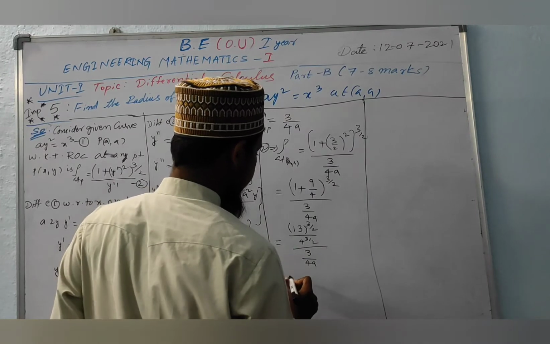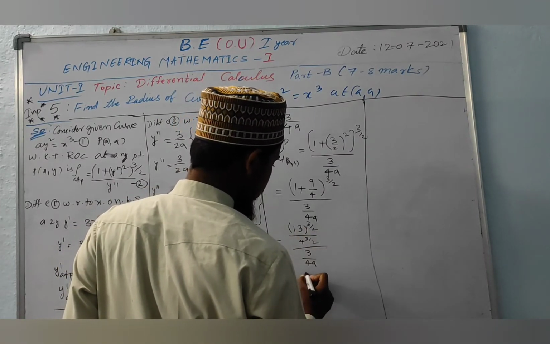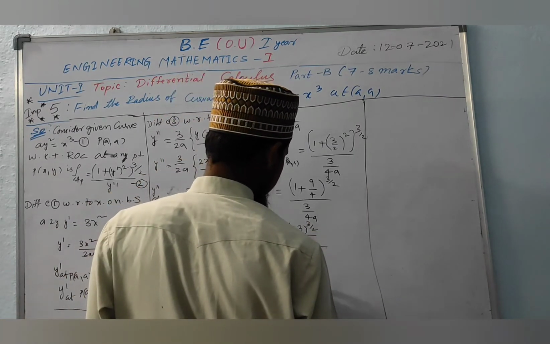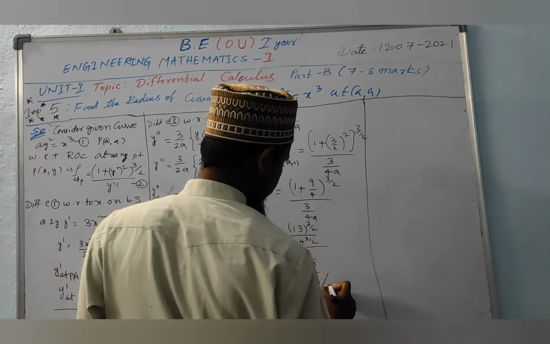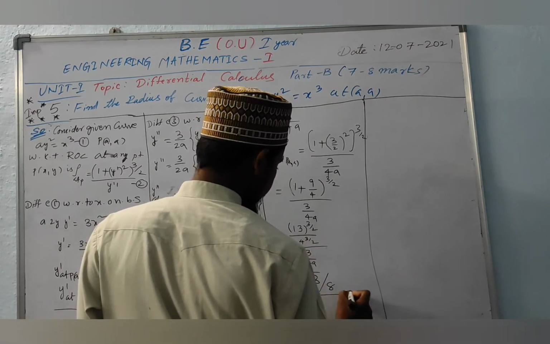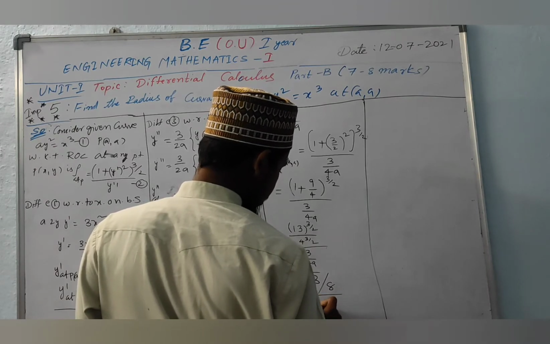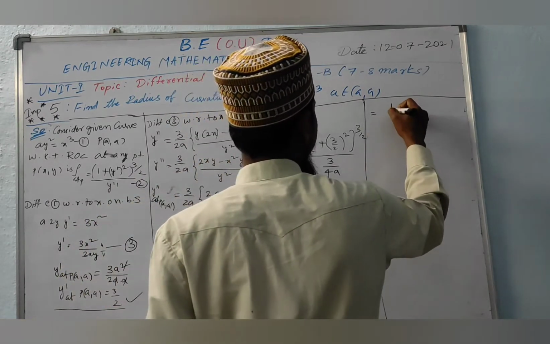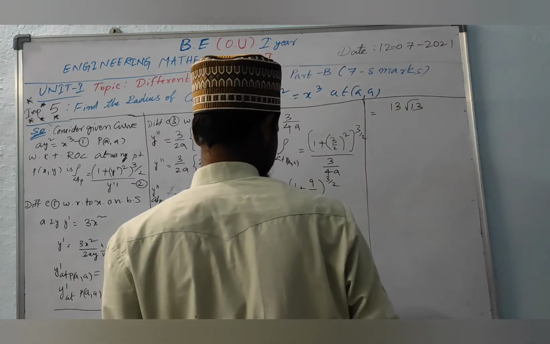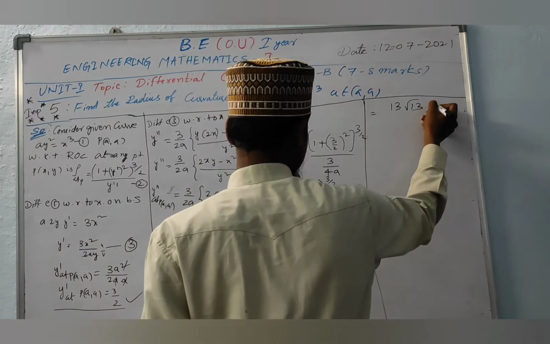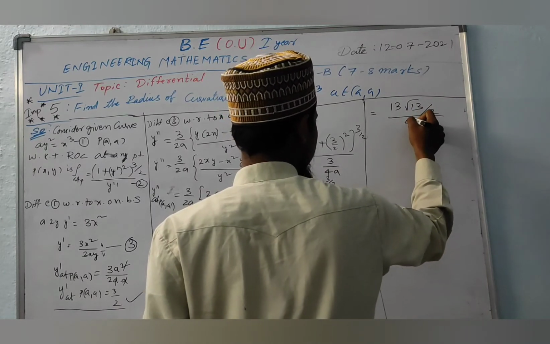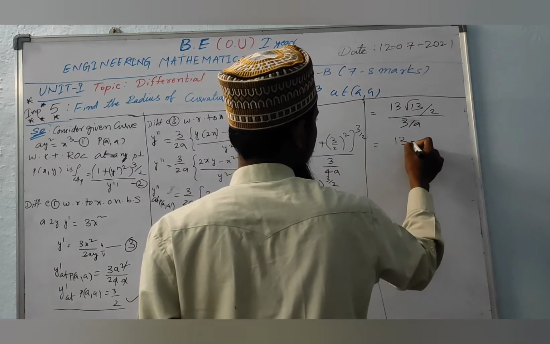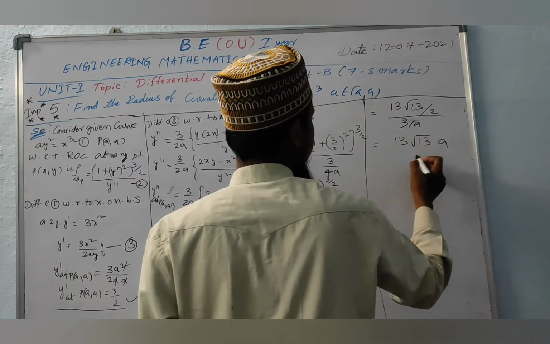In place of this, 13 to the power of 3 by 2 is 13 into root 13, over 4 power 3 by 2, which means 8, by 3 by 4a. 4 ones are 4, 2 fours are 8. So 13 root 13 by 2 by 4, and 3 by a, take it to the right side: 13 into root 13 into a, 2 threes are 6.